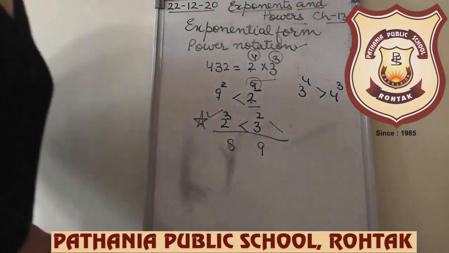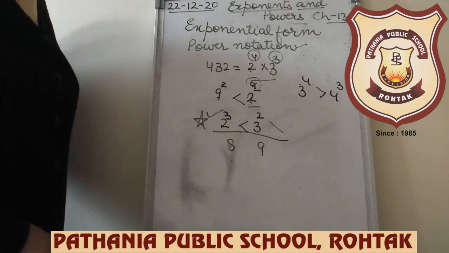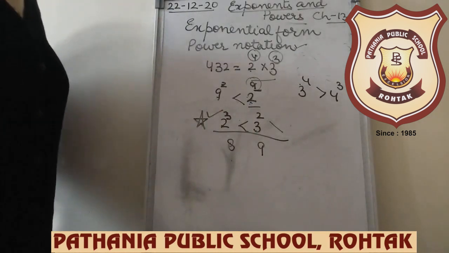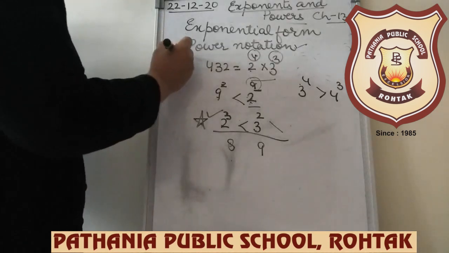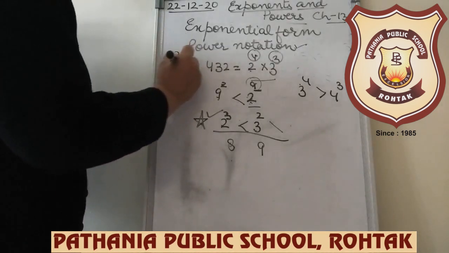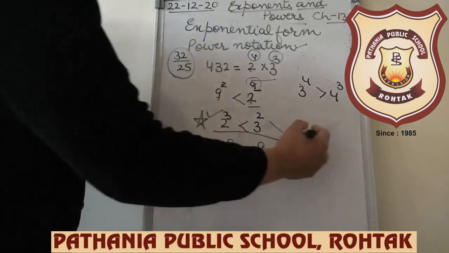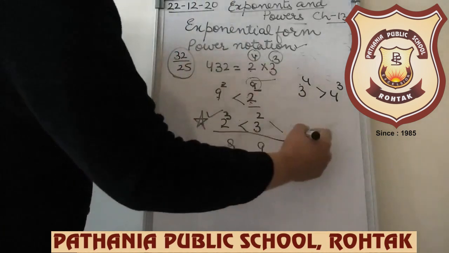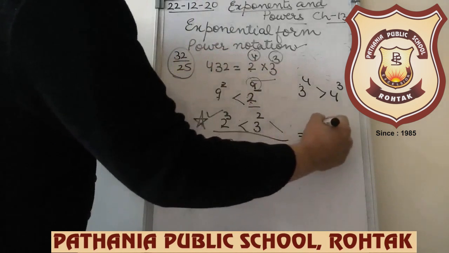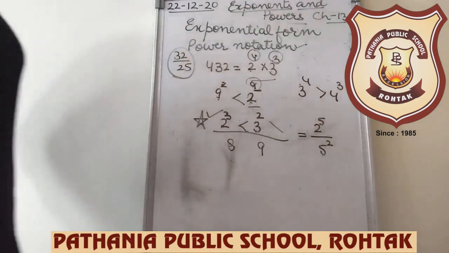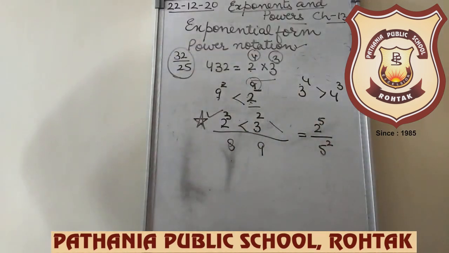So the rest is your first exercise where I have explained each and everything. If I write 32 upon 25, express this in the power notation. So 32 as we have done is 2 raised to the power 5 and 25 is 5 raised to the power 2.